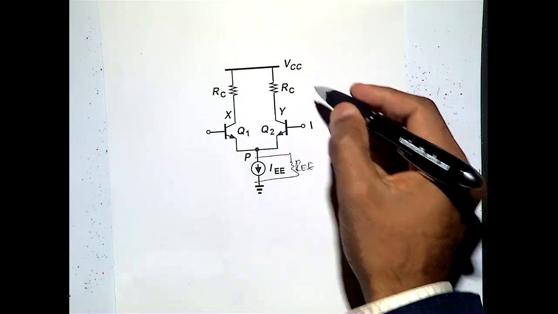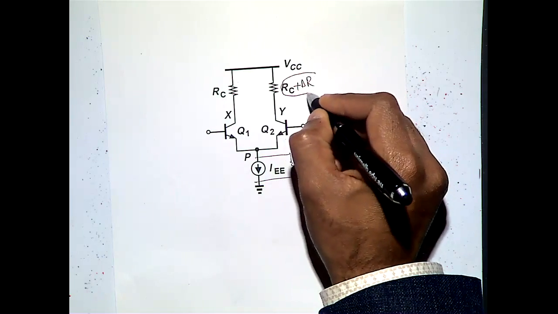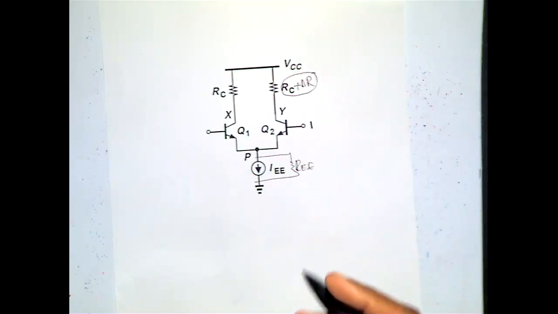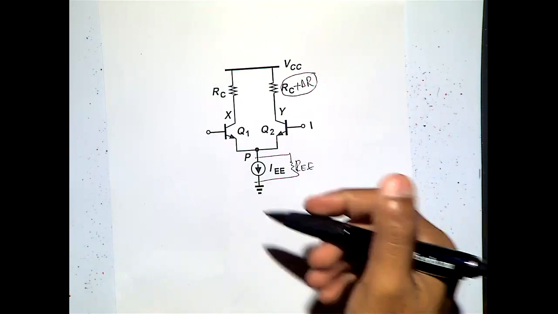So say this RC became RC plus delta R. There is a small difference between the two RCs, which is quite common in fabrication. A very, very small tolerance, not a big one. Not like 10 kilo ohm and another 5 kilo ohm, but maybe 10 kilo ohm plus 0.001. Slight mismatch. When that comes, the complication arises.